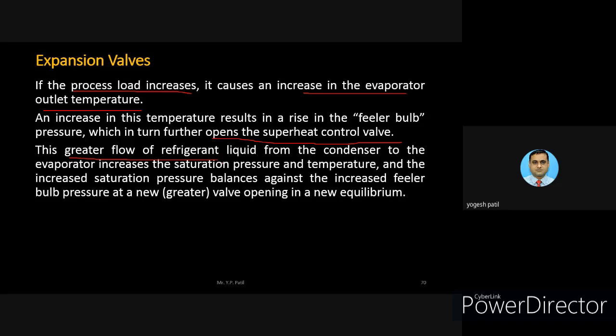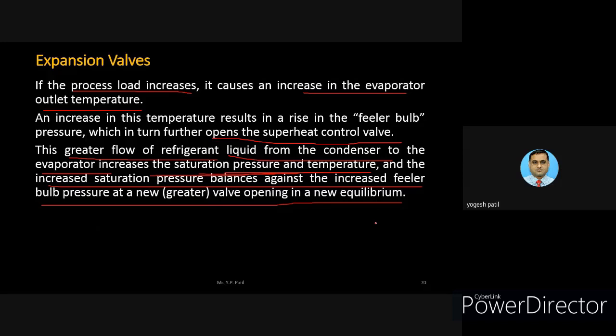This gives a greater flow of refrigerant. Because of this there is a greater flow of refrigerant liquid from the condenser to the evaporator, which increases the saturation pressure. As this enters the evaporator, it increases the saturation pressure and temperature also. The increased saturation pressure balances against the increased filler bulb pressure at a new valve opening in a new equilibrium.